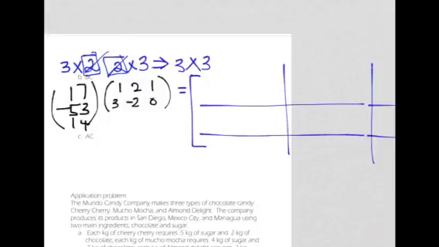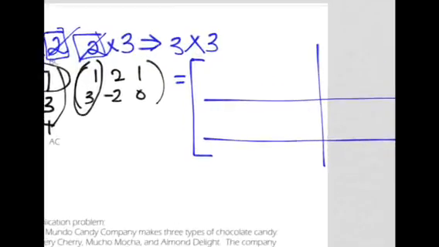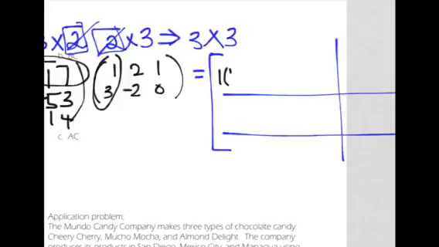Okay, so we're taking 1, 7 with 1, 3. That's not the number 17, despite how poorly written that is. It's 1 times 1 plus 7 times 3.